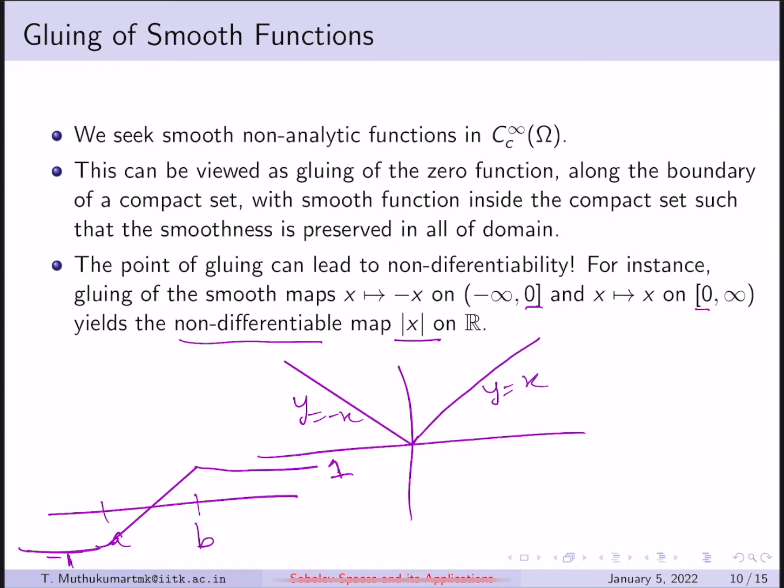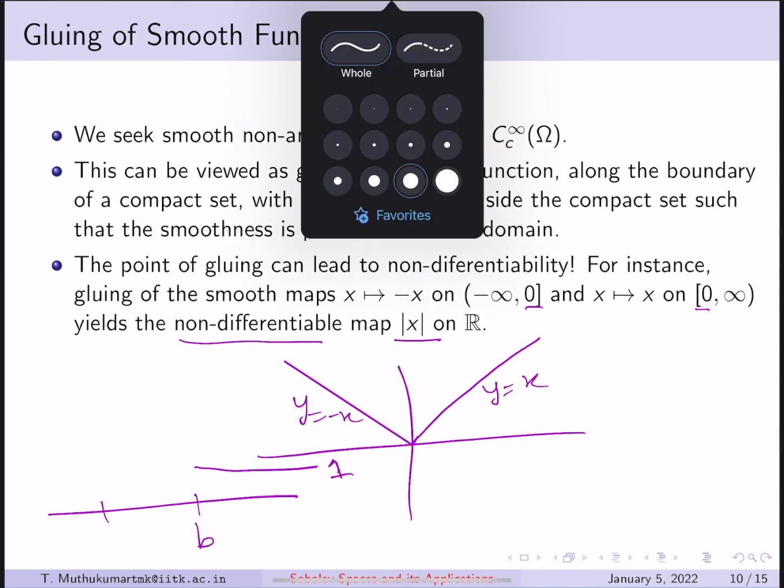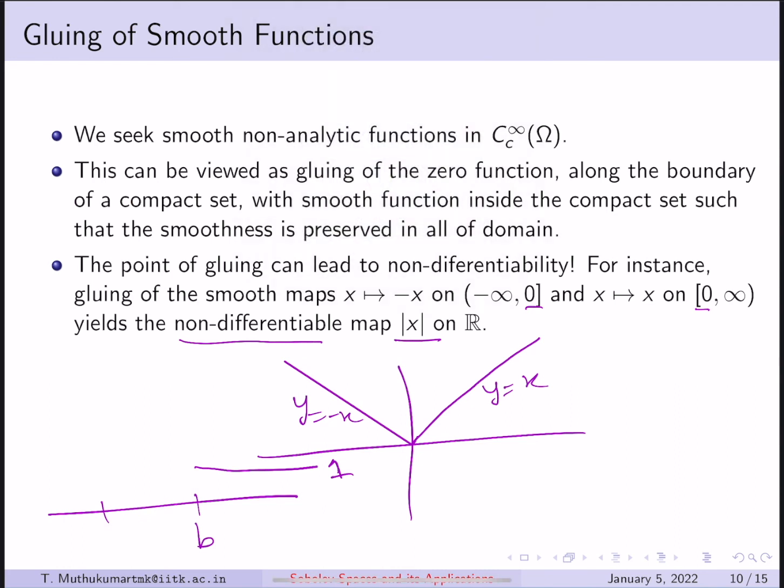So if I have a straight line here, then I can just make this join, so I can do this inside, and I've made this a continuous function, but I might have introduced non-differentiability at these points.